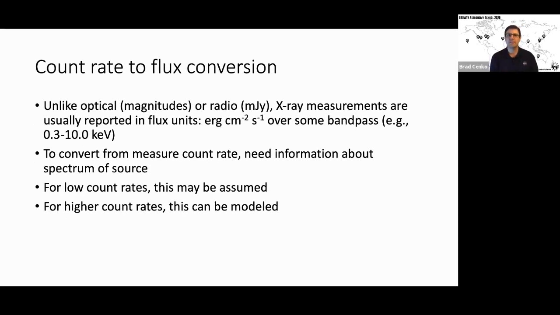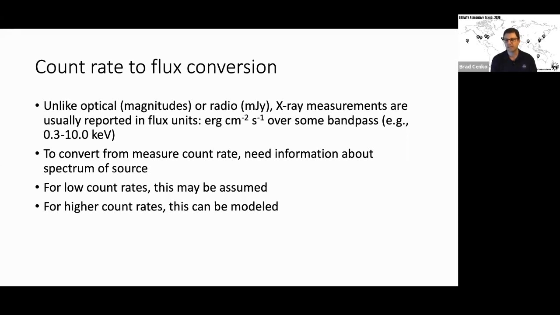So unlike optical or radio astronomy, X-ray measurements are usually reported in actual CGS flux units, ergs per centimeter squared per second over some bandpass. Most of the focusing telescopes are operating at soft X-ray wavelengths, so something like 0.3 to 7 or 0.3 to 10 keV. To convert from the measured source count rate, we need information about the spectrum of the source.